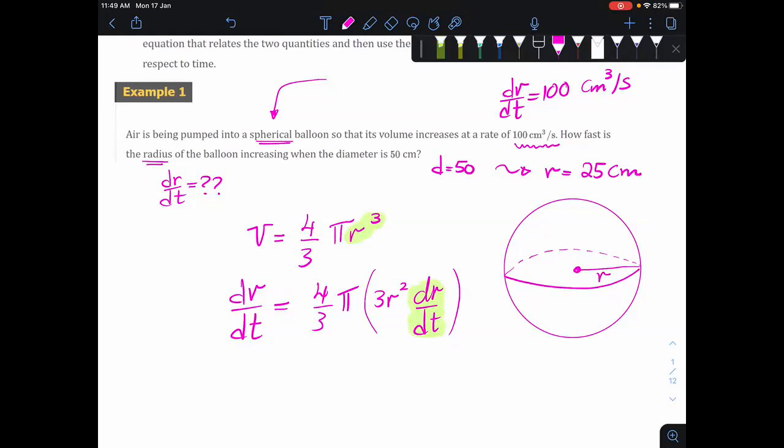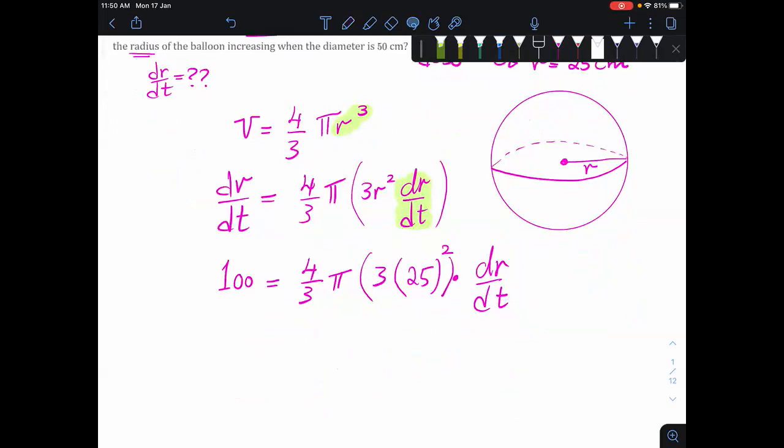And then substitute by the given information. dV over dt is 100, 4/3 pi is constant. Look at the board. And here 3, and the r is 25 to the power 2 times dr over dt, the unknown rate.